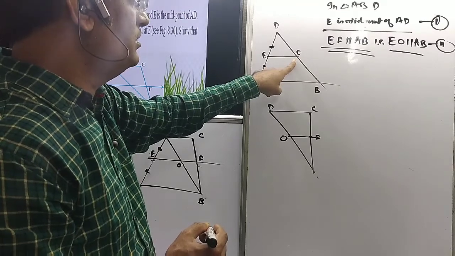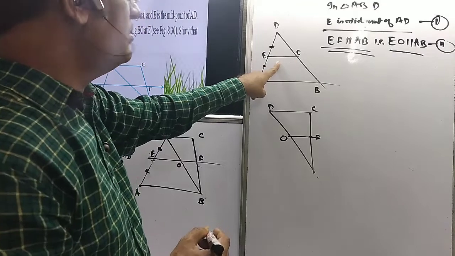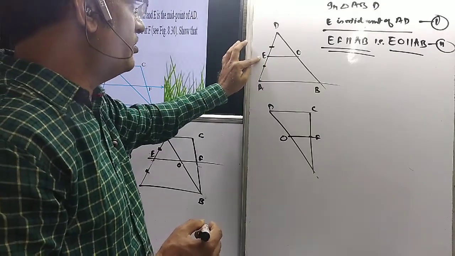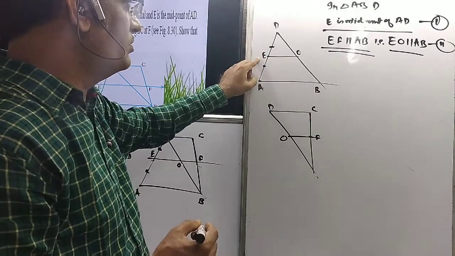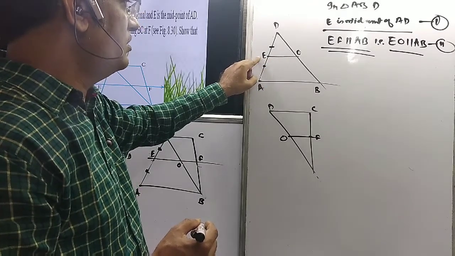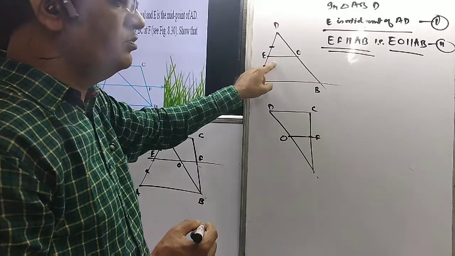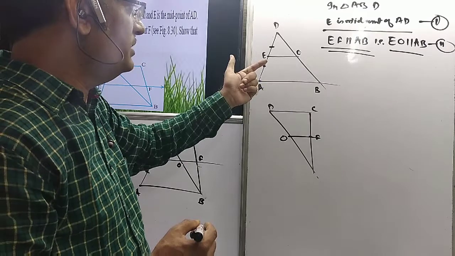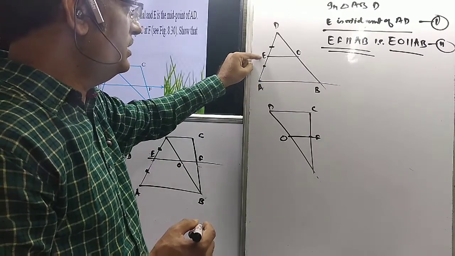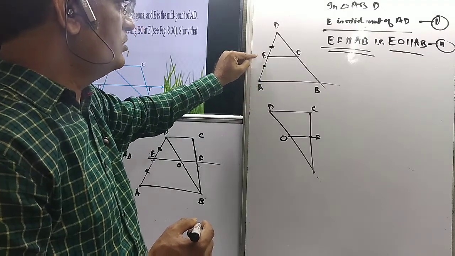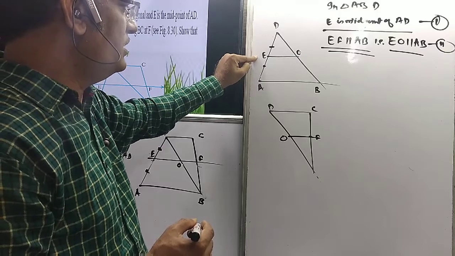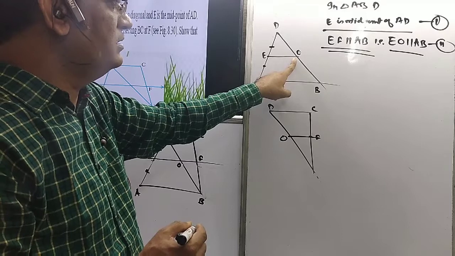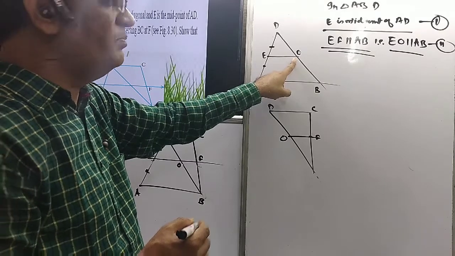The midpoint theorem says that a line segment joining the midpoints of two sides of a triangle is parallel to the third side. But the converse says that if a line segment is drawn through the midpoint of one side of a triangle and parallel to another side, then it intersects the remaining side at its midpoint.